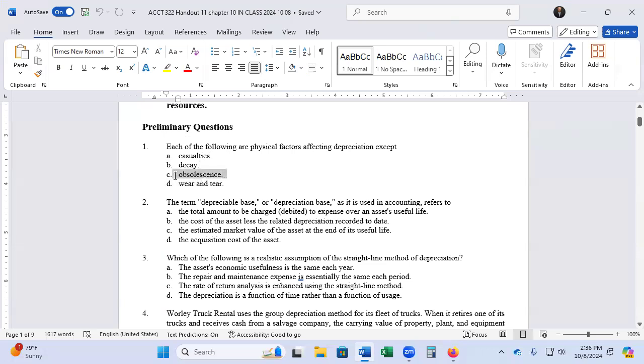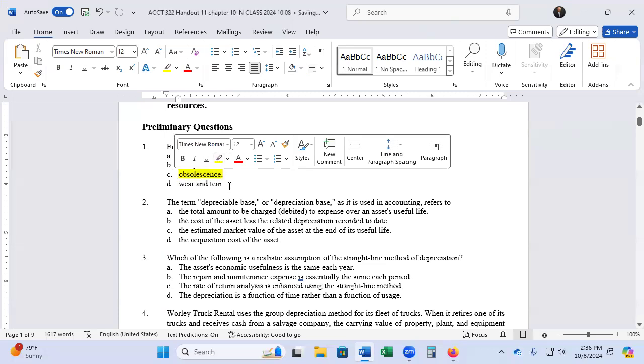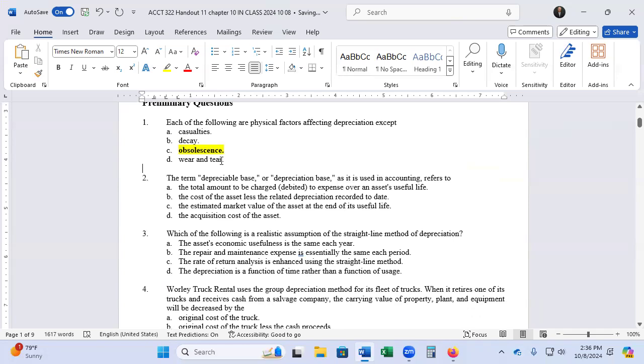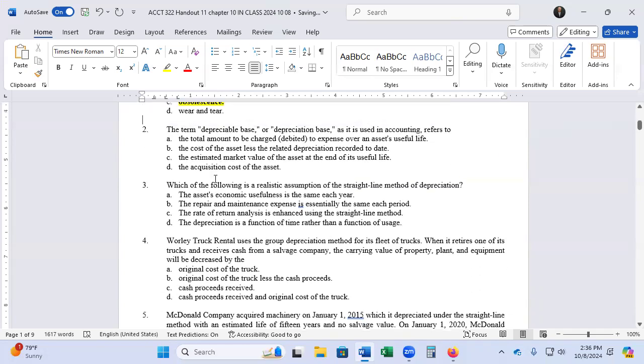Obsolescence is not a factor that affects depreciation. If it's obsolete, then you have to do an impairment test on it, all right? And then normal wear and tear is included in calculating depreciation. The term depreciable base or depreciation base, as it's used in accounting, refers to, and so it's the amount to be charged, debited to expense over an asset's useful life. And so that seems pretty good, right?